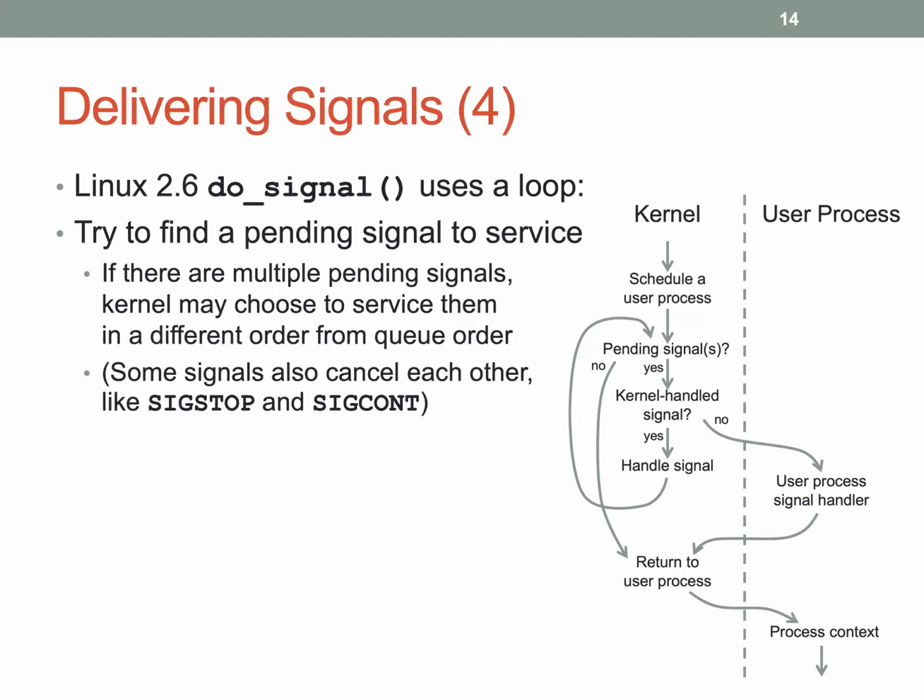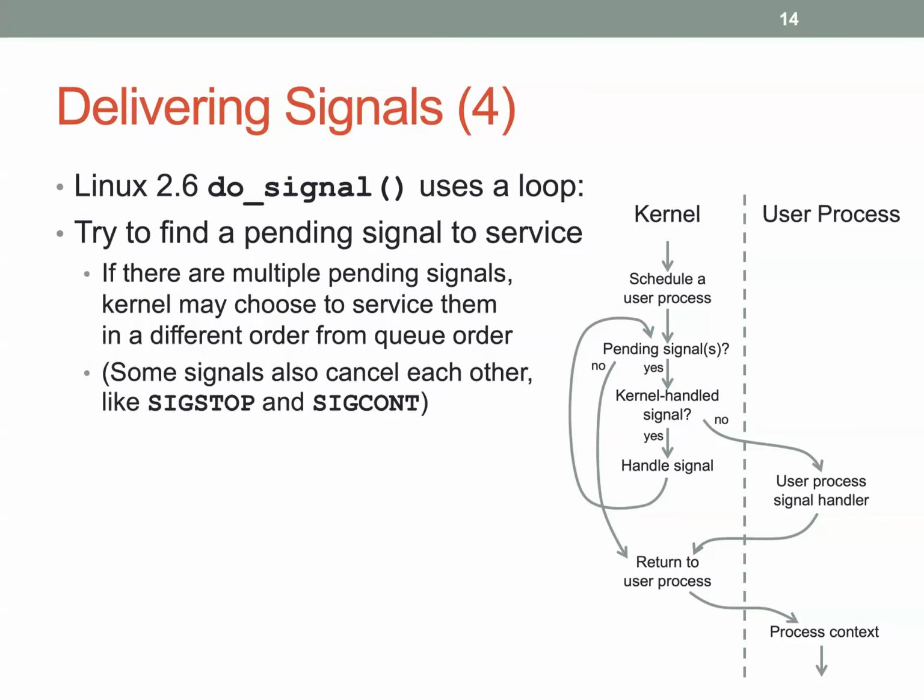And you also have this unusual thing that sometimes two signals may cancel each other, like SIGSTOP, which removes a process from being scheduled, and SIGCONT, which stands for continue, which tells it to resume being scheduled. So clearly, if you have a stop signal and a resume signal, those things annihilate. They disappear. So there are a few things like that.